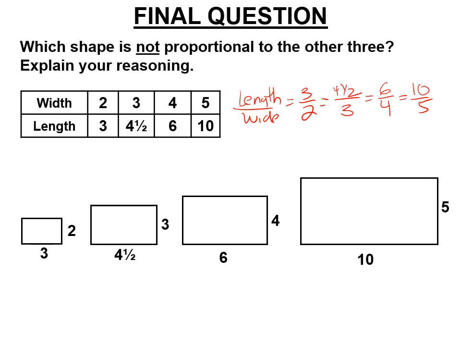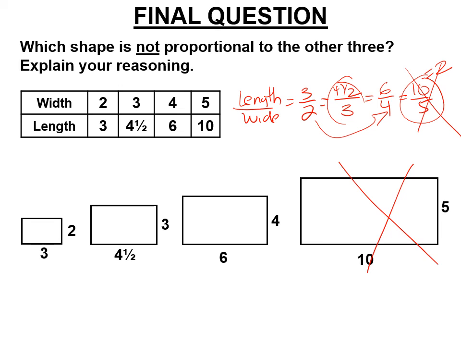These two are clearly equal. So it's one of these two that's wrong. But 10 divided by 5 equals 2. 3/2 is 1.5. So it's this one. That one is not proportional. That is the shape that's not proportional to the other 3.